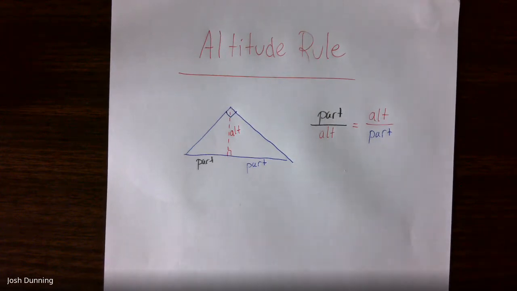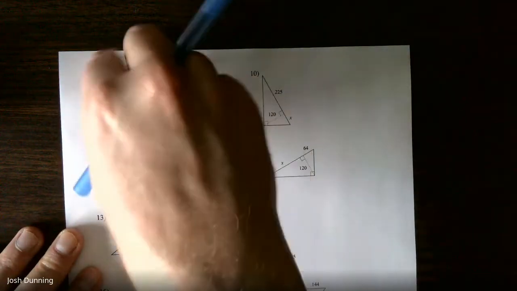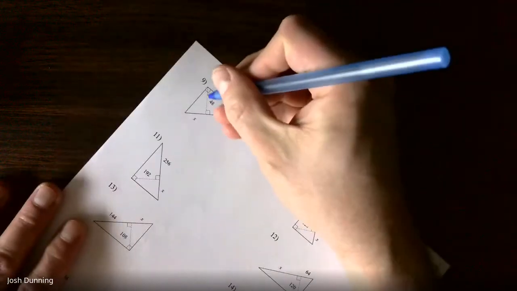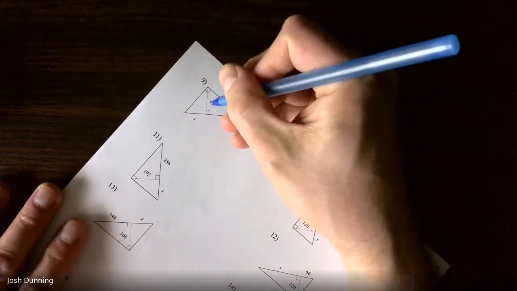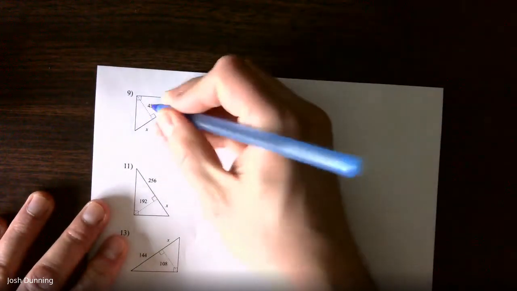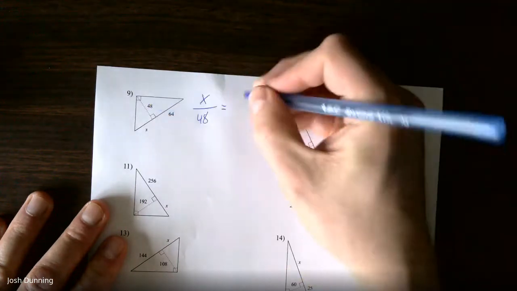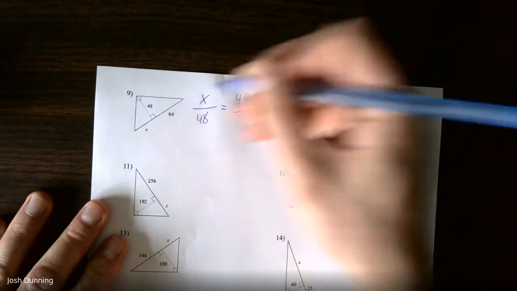So if we take a look, the back of that sheet from yesterday, well, here it is. It's kind of rotated around, but it's the same idea here. That's the altitude. So we have one part, the x, over the altitude, and then stay with the altitude over the other part.